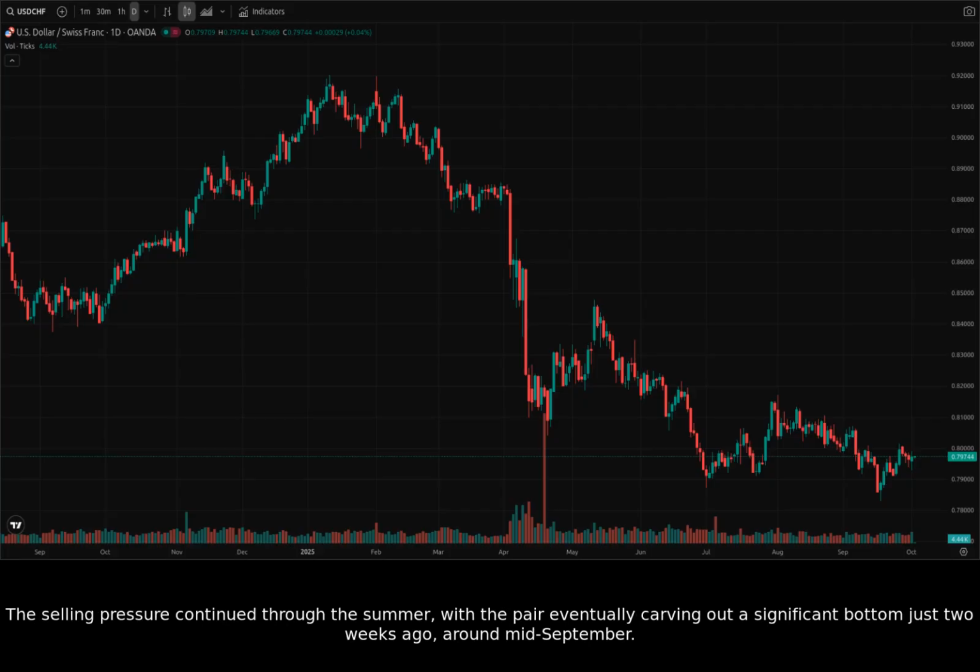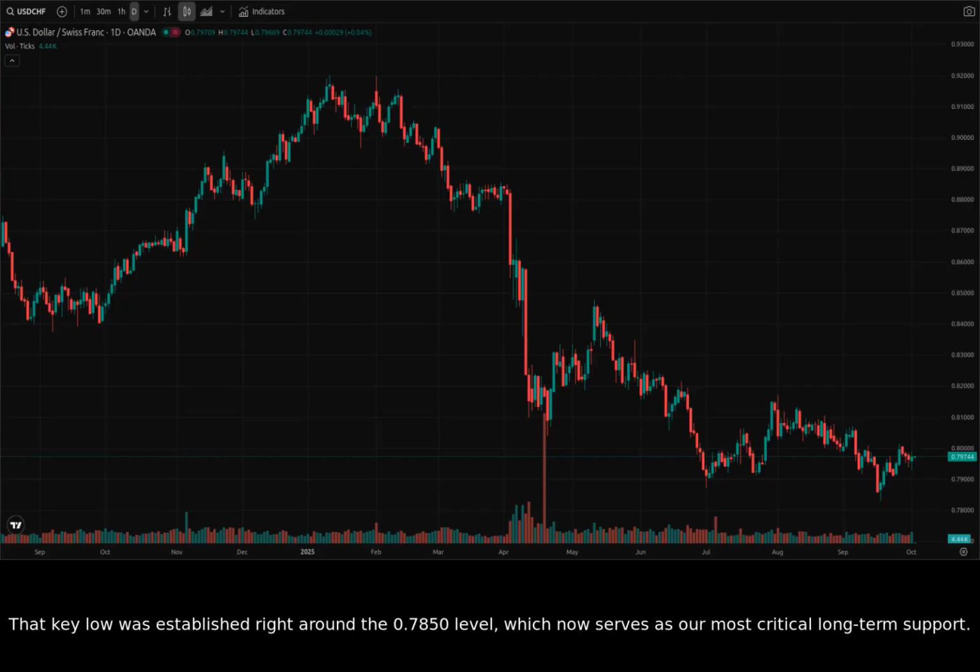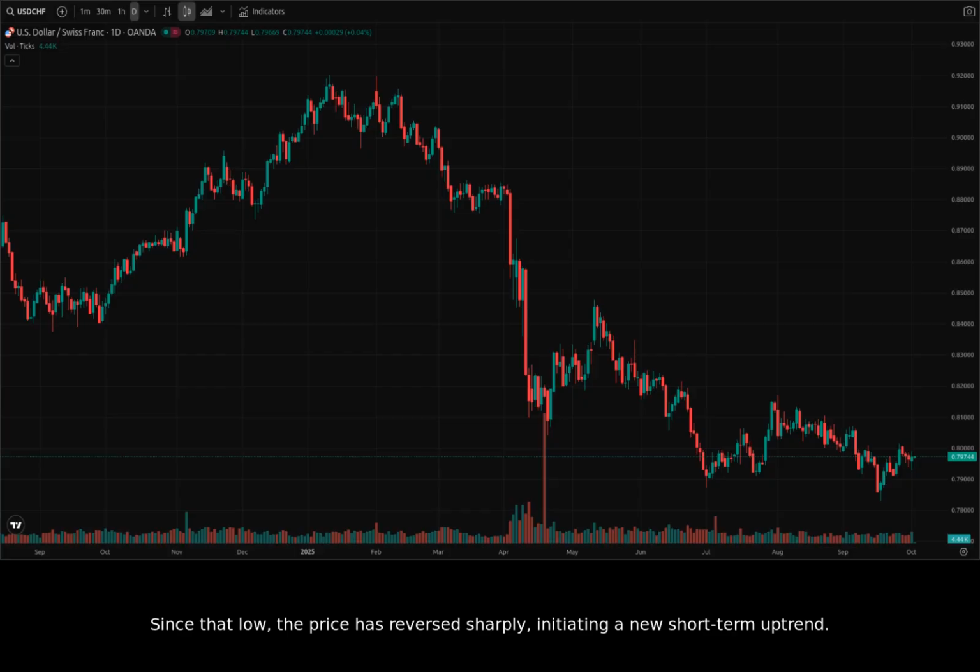The selling pressure continued through the summer, with the pair eventually carving out a significant bottom just 2 weeks ago, around mid-September. That key low was established right around the 0.7850 level, which now serves as our most critical long-term support. Since that low, the price has reversed sharply, initiating a new short-term uptrend.